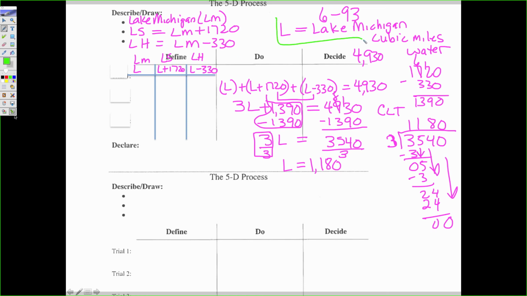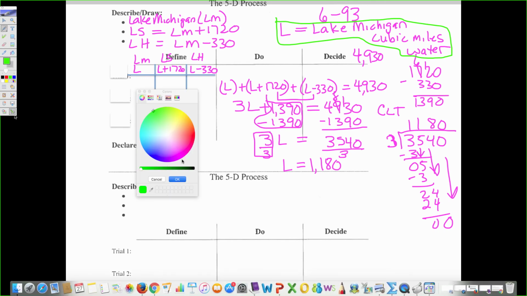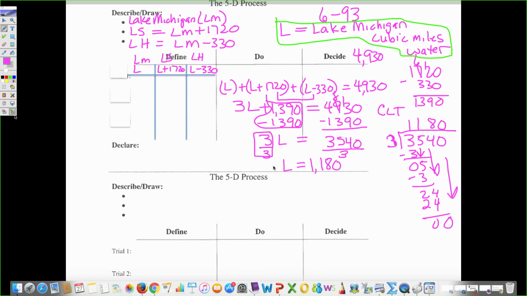This is really critical, that in the beginning we define this carefully so that when we solve the equation, we know what we have. All we need to do then is our declare. We now know what Lake Michigan is, so we can say it in words, because in declare we want to be nice and clear. Lake Michigan is 1,180 cubic miles of water.